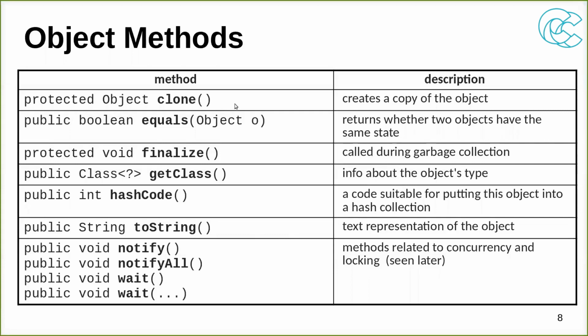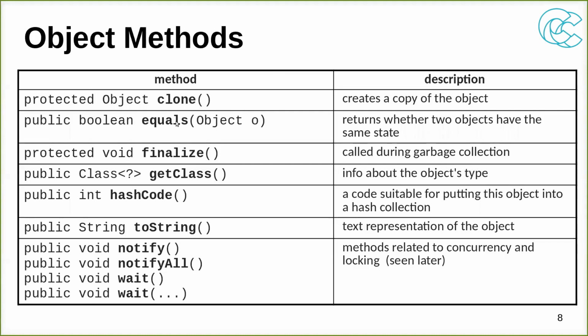So the first one is clone. Clone is used to create a copy of the object. By copy, we mean the copying of the state, right? You will create another object which has the same state as the object that you would like to copy from. Again, we'll get to know this later on, but it is used to create a copy.